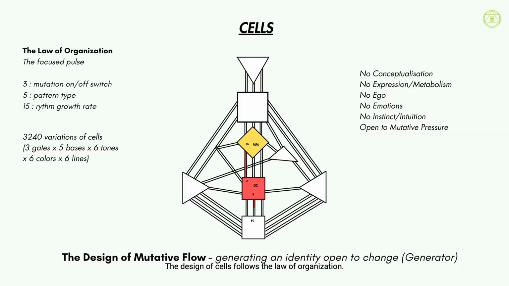The design of cells follows the law of organization. These are the most basic, foundational organizational principles of life itself, of consciousness itself. They set the local pattern of life and keep generating it over and over again and changing when change is required.